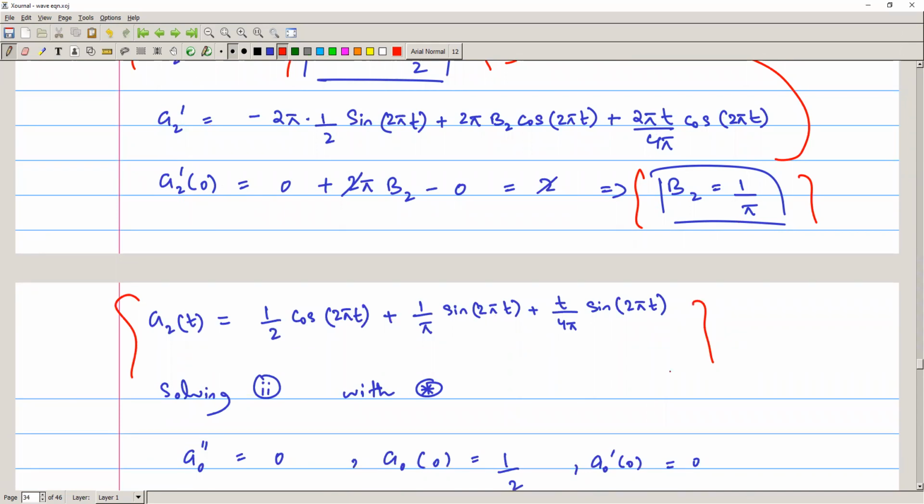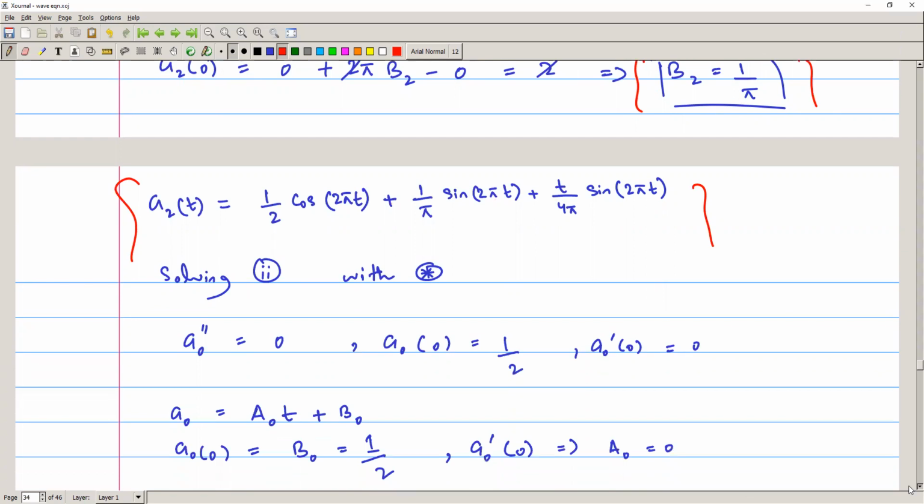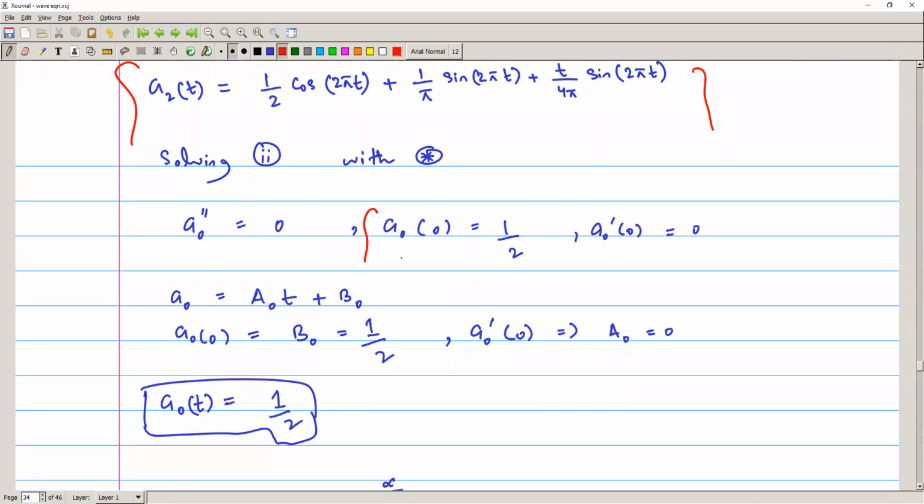All right, now we are going to solve equation 2, that is for A naught, with the initial conditions of A naught. All right, so A naught, this is a second order homogeneous differential equation. So we can integrate twice to get the general result for this differential equation. So it's A naught T plus B naught. We will apply these initial conditions to find A naught and B naught.